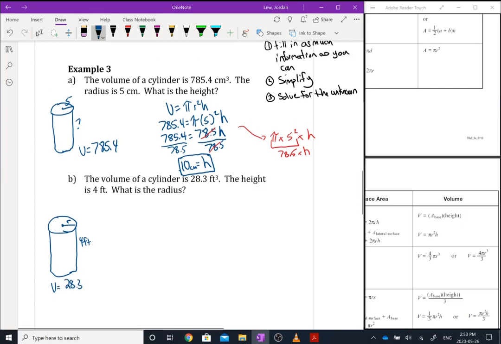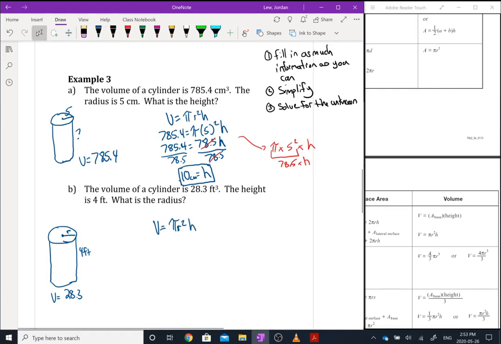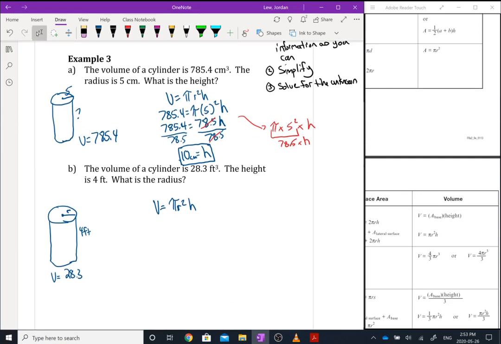So I'm going to start with my volume formula. It's the only one I can use because that's all I'm given. So pi r squared times h. Step 1, fill in as much information as you can. I know my volume, so 28.3 equals pi r squared times h, which I know is 4.